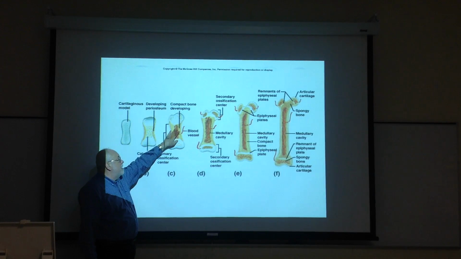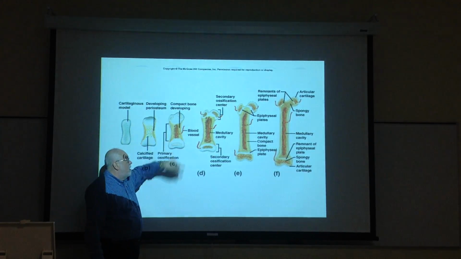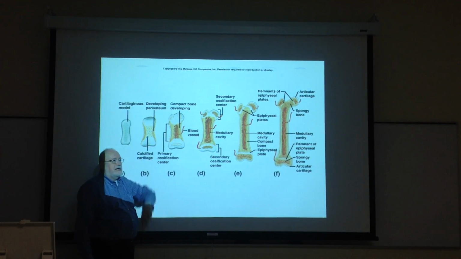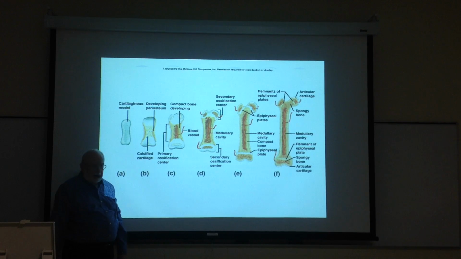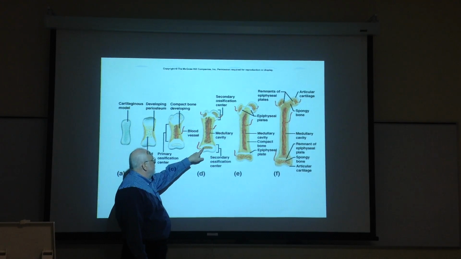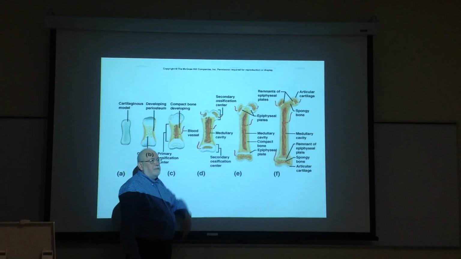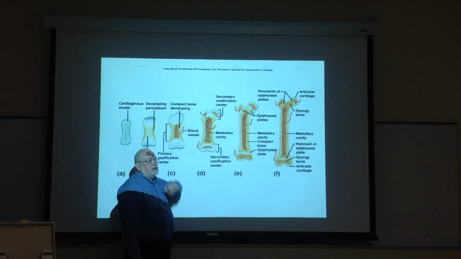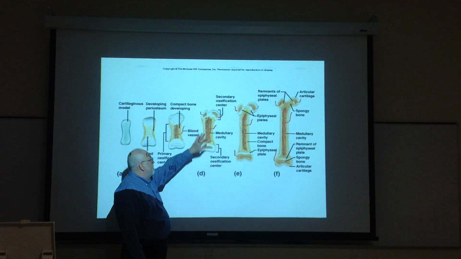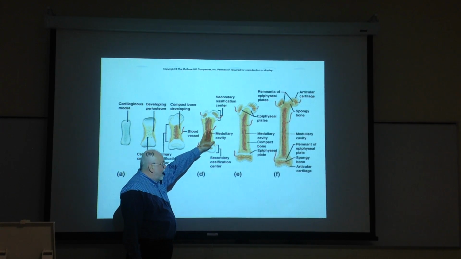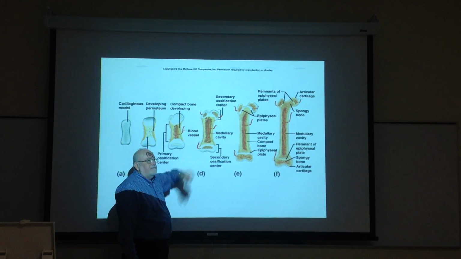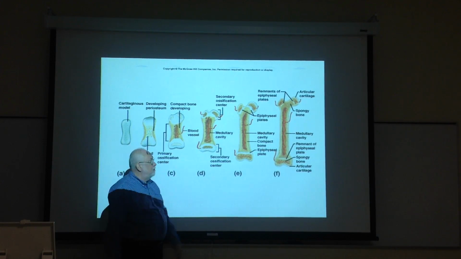We get a developing narrow cavity and more compact bones spreading off toward the epiphyses, but the epiphyses themselves still are largely cartilage. And then blood vessels enter those epiphyseal ends, and we have secondary centers of ossification starting to develop. So while we're getting primary compact bone here in the diaphysis, the epiphysis is forming mostly spongy bone.